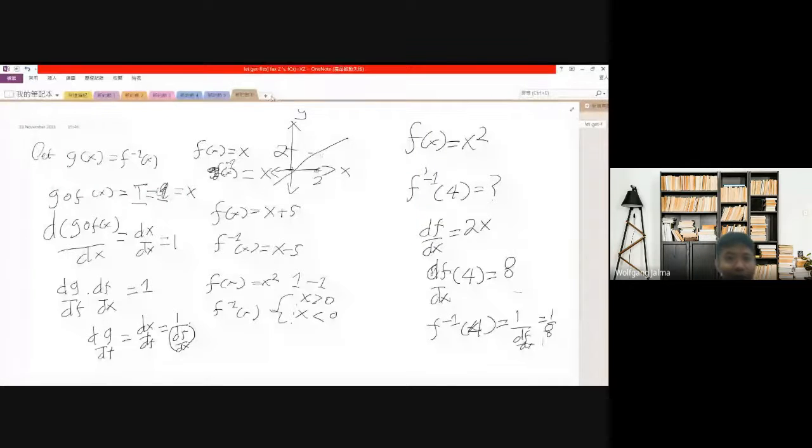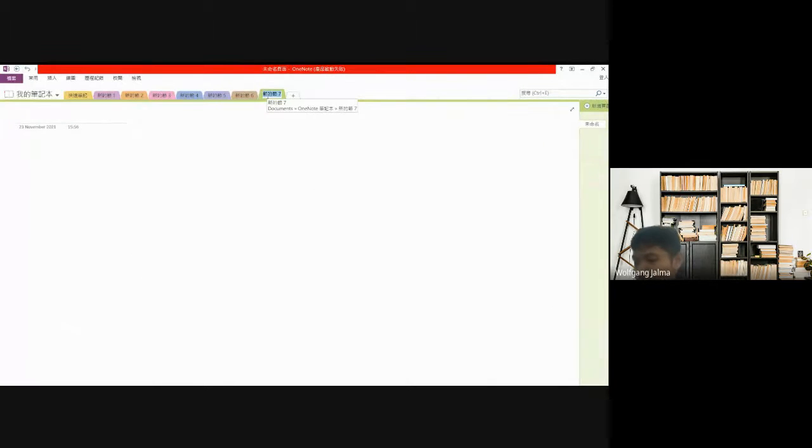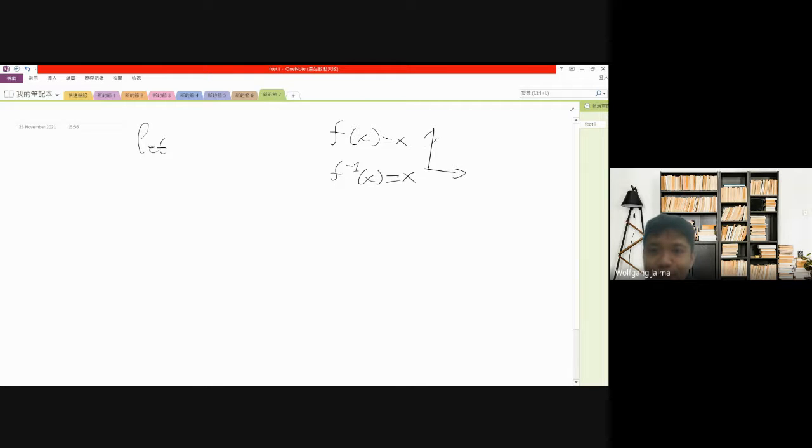Okay, sorry for the freeze. Well, basically, let me just remind you what the inverse is. For example, if we have f(x) equal x, then the inverse is also x, because this function happens to be symmetric.